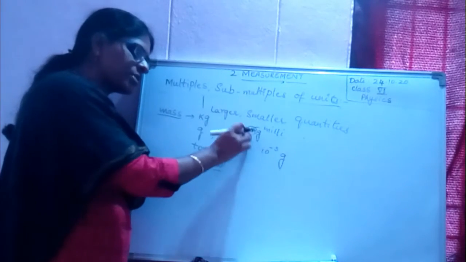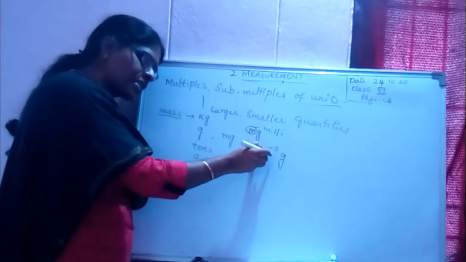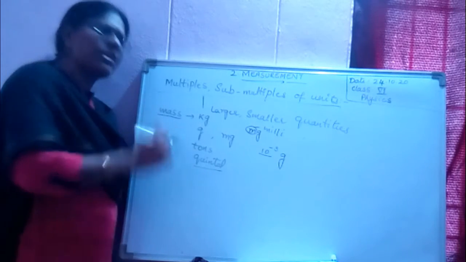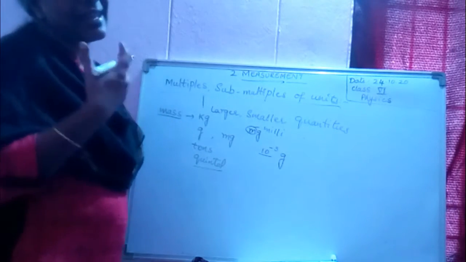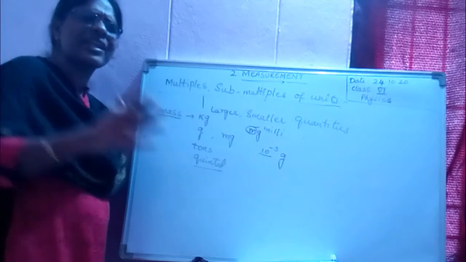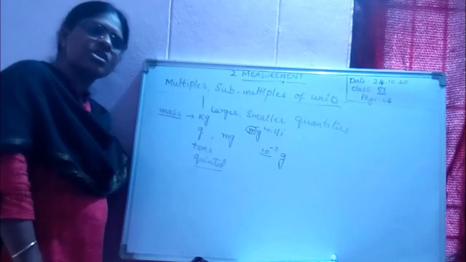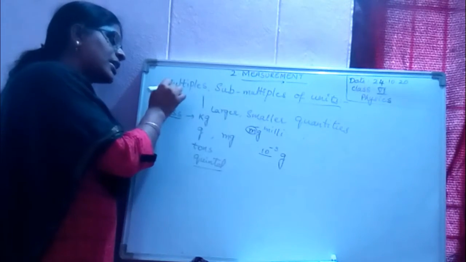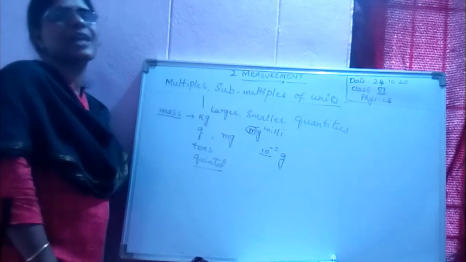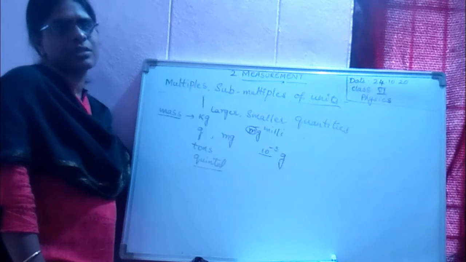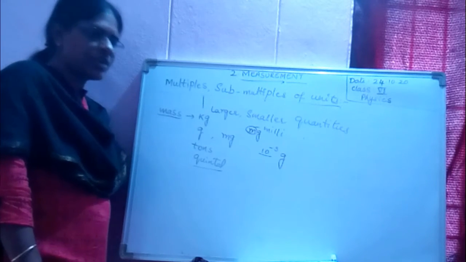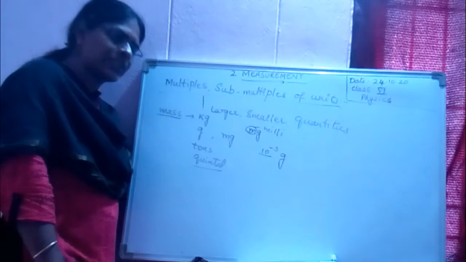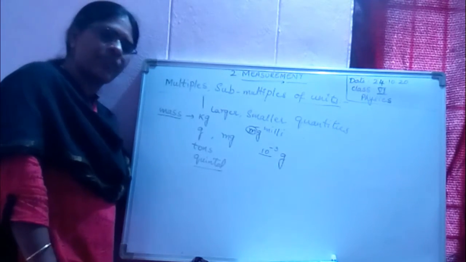Smaller units, milli stands for 10 power minus 3. Not only mass, you can measure length, very large distances, smaller distances. In order to measure those things, we require multiples and submultiples. In your textbook, page number 27, he has given you tables 2.3, 2.4, 2.5.